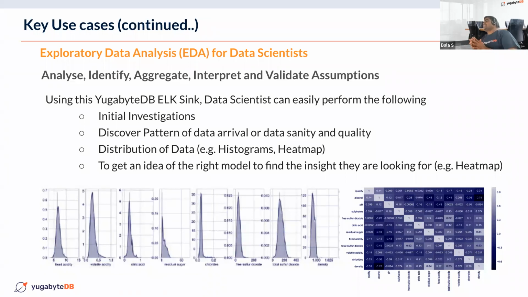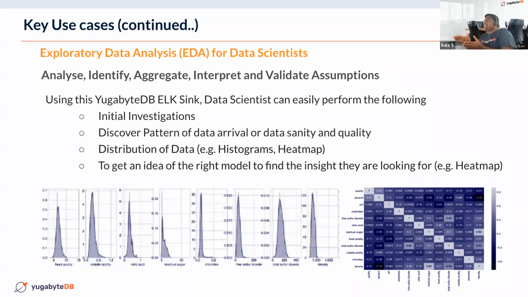That's how they can build dashboards for all exploratory requirements, like how this data is coming, what sort of histograms I can build, whether the data is correlating with each other or not. Then this will help them choose the right model, maybe a correlation model or a regression model or a time series model, based on what sort of data from YugabyteDB is available in Elasticsearch. This way, they can save a lot of time looking at the data.